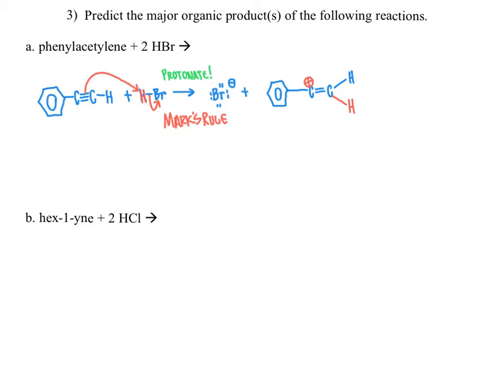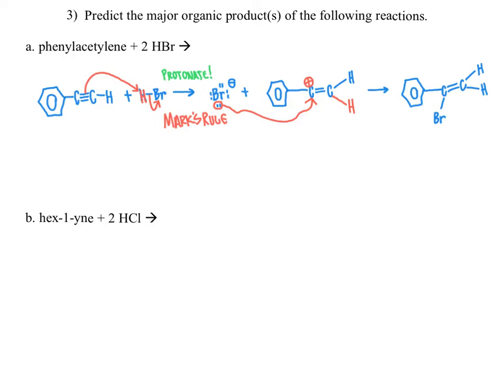So just sketching out the mechanism really briefly here, our lone pair electron comes in, forms a bond to that carbon, and that's going to lead us to our next organic product here where we have our phenyl group directly connected to our carbon atom, which has our bromine bonded there, and then the next carbon has the 2 hydrogens.